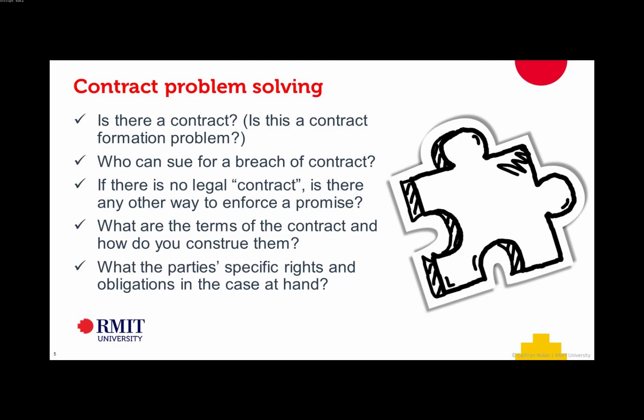It usually happens because somebody doesn't want to keep a promise that they purportedly made, or they want somebody else to keep a promise for them, and there's some sort of argument about it. Arguing that there was no contract in the first place is actually a mechanism for arguing, I don't have any obligations to you.